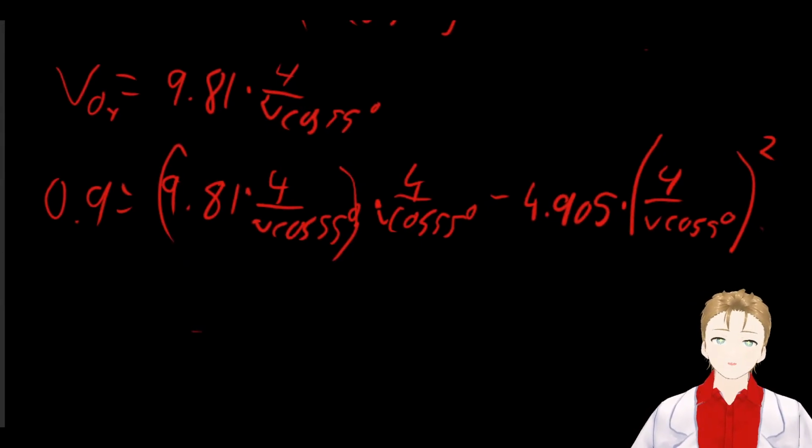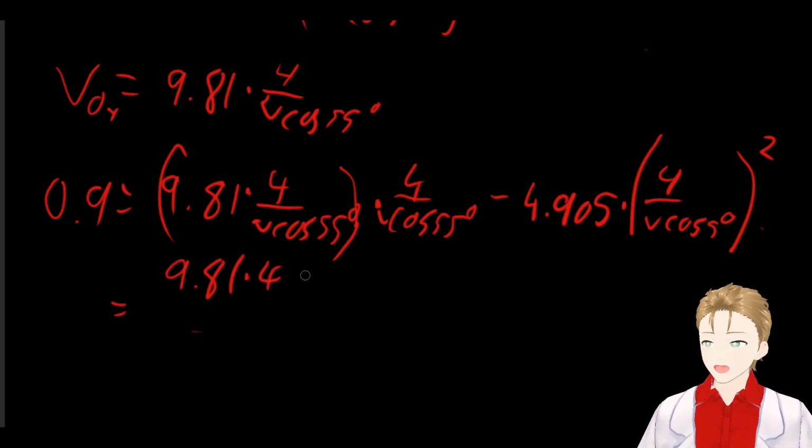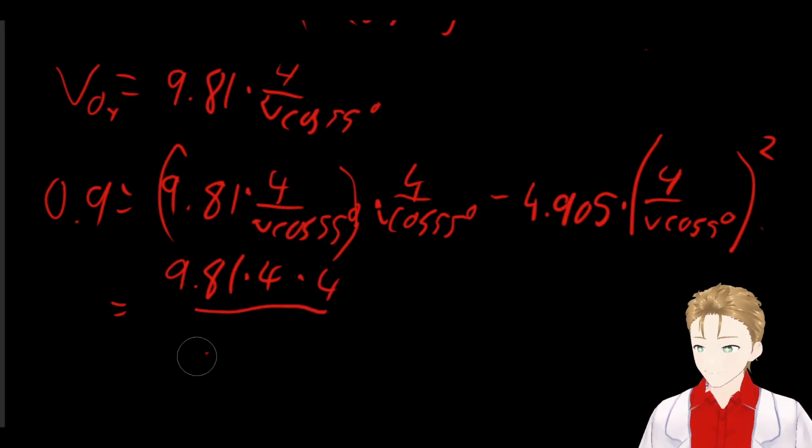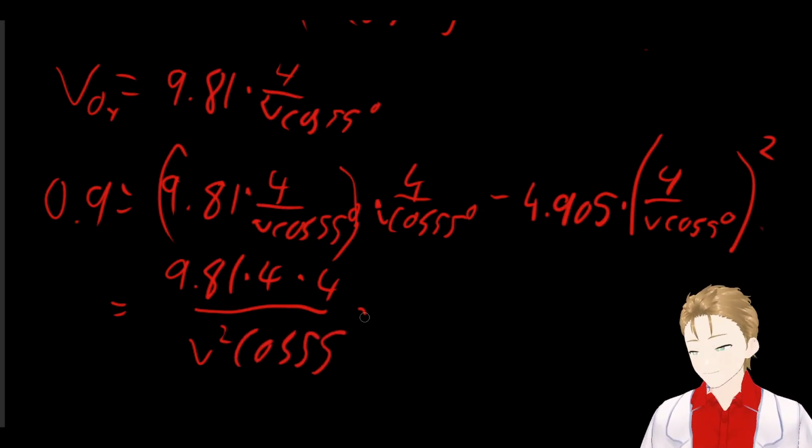And then we get a bunch of weirdness. 9.81 times 4 times 4 all over this v squared cosine 55 squared.